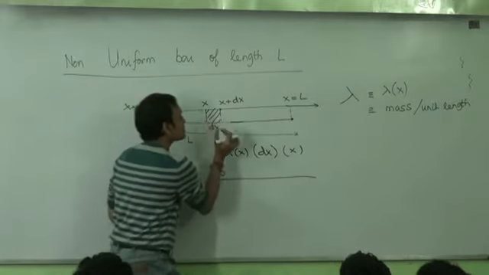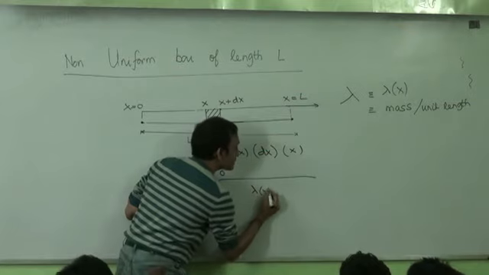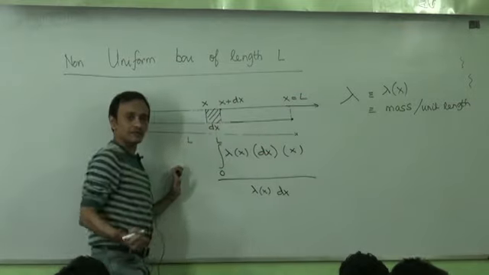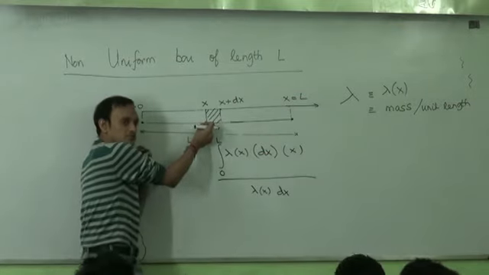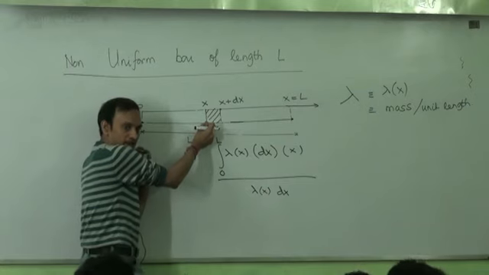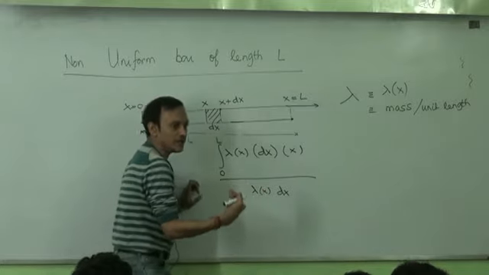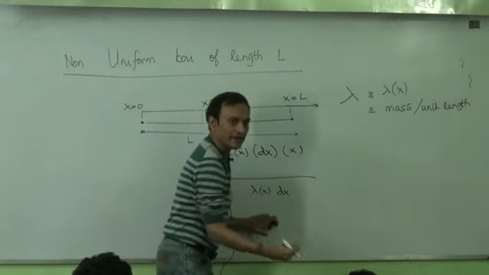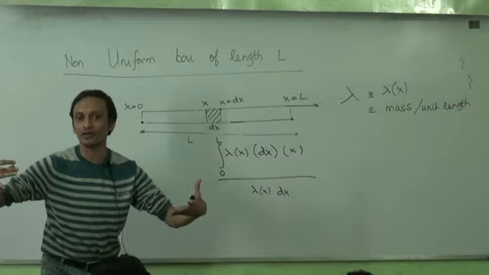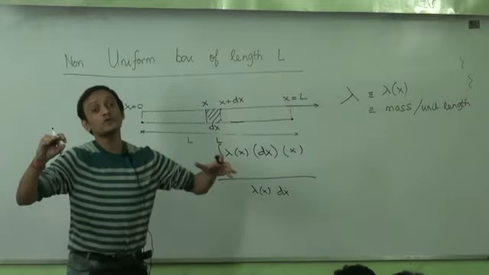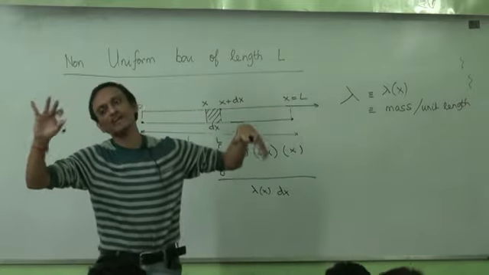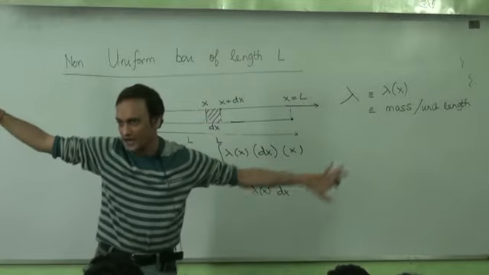That's the sum of all the m_i x_i's divided by the total mass. What's the mass of this? The mass of this is lambda of x into dx. The mass per unit length at x is lambda of x, a function of x. This is lambda as a function of x, mass per unit length, different for different values of x. That's why it's a non-uniform rod. In a uniform rod, the mass per unit length will be independent of x. It will be the same for all positions of the rod, right?